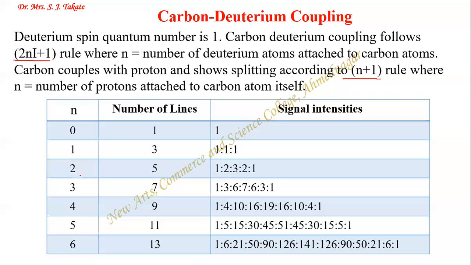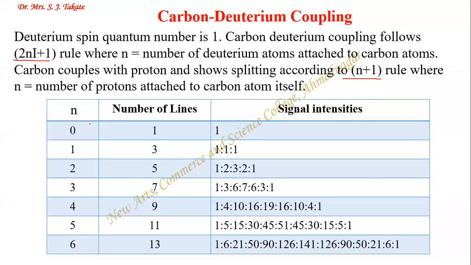If two deuteriums are attached to the carbon atom, then we get a quintet with 1:2:3:2:1 line intensity. So depending on the number of deuteriums attached, we get a different number of lines for the carbon signal.